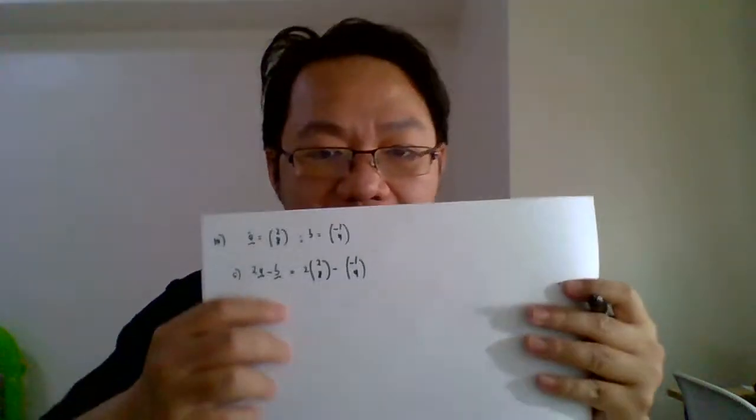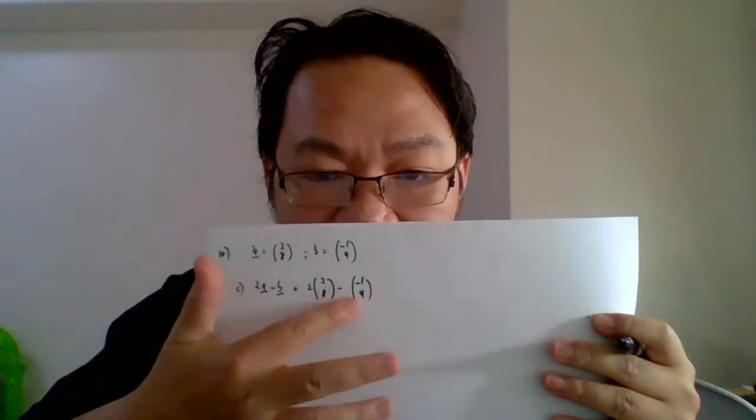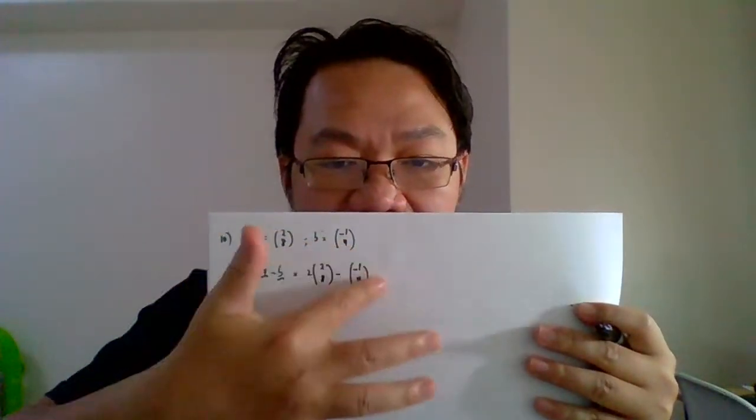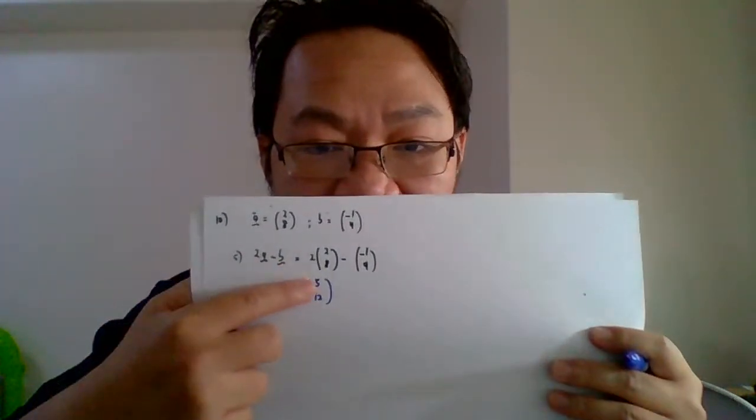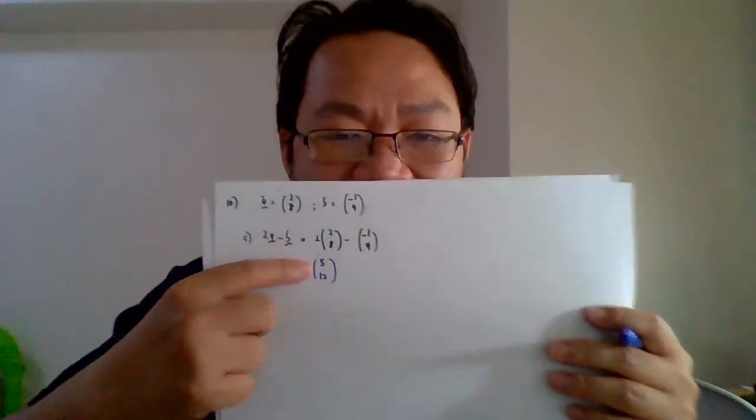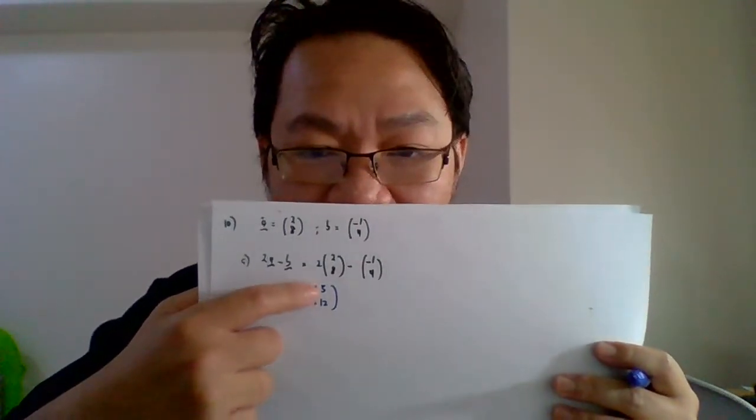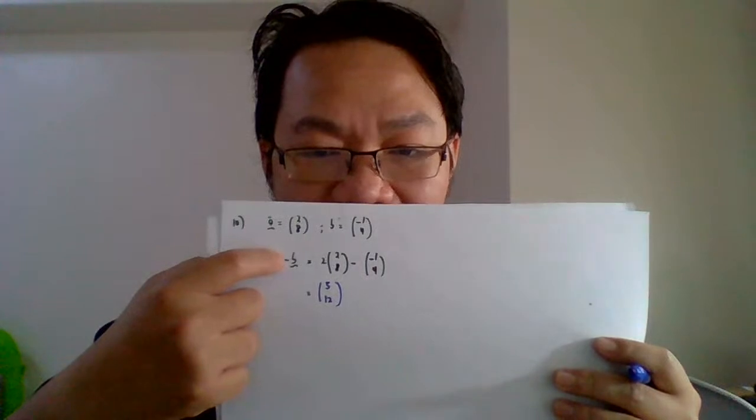This is how we get 2A minus B. Then we solve this, and we are going to get what? 4 minus negative 1 is 5, and 16 minus 4 is 12. So this is our final answer, 5, 12. Okay, this is our vector of 2A minus B.